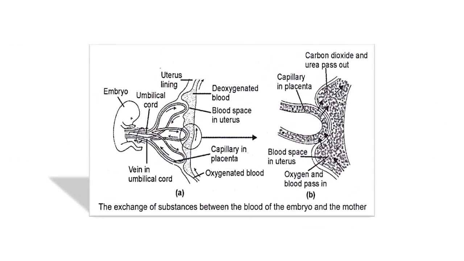Let's observe this diagram. Here is an embryo, and this region we call the belly region of the embryo or fetus. The umbilical cord connects at one end to the belly of the embryo and at the other end to the placenta. Between the placenta and the belly, only the umbilical cord is present.